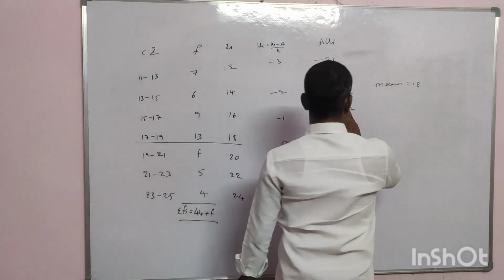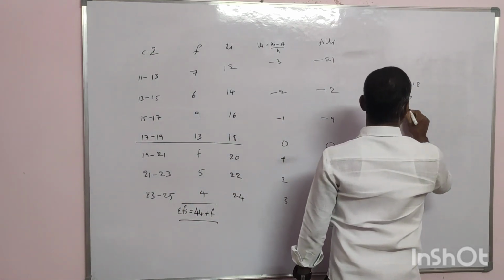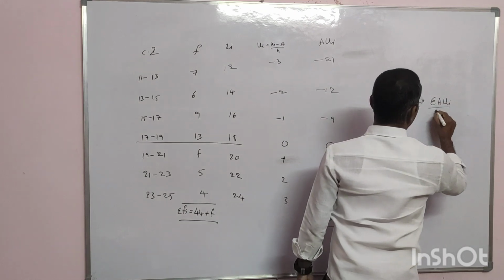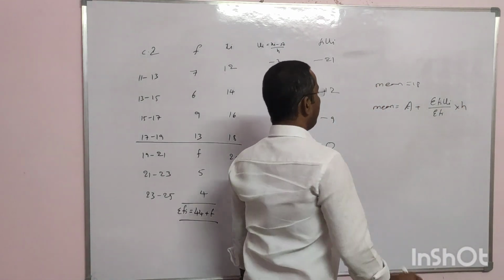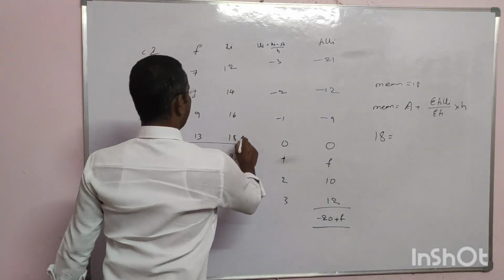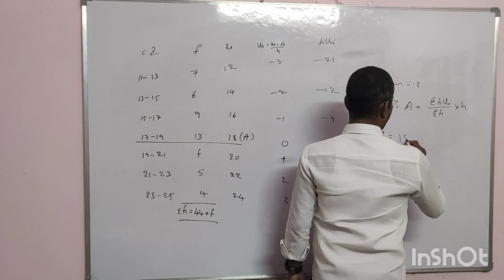Now this is fine. So usually mean is equal to A plus sigma fi ui by sigma fi into h. This is your formula. But how much is the mean given? 18. What is your A value? This is your A, so say it as 18.